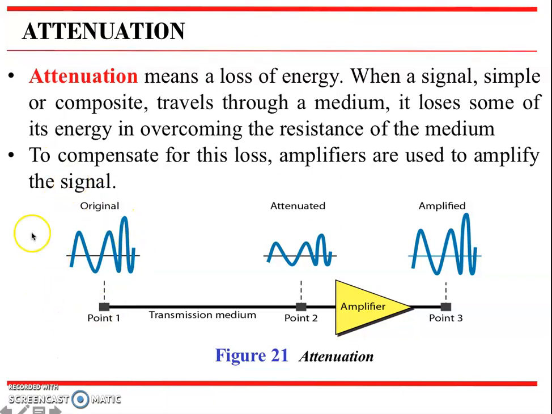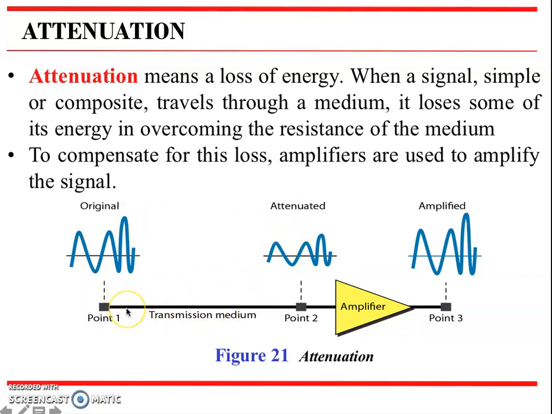Okay, this one is the original signal. During the transmission medium, bila kita nak hantar dekat kabel tu, dia jauh sangat kan. So kita nak hantar daripada point 1 ke point 3. Okay, so sampai kat point 2 ni you can see that bentuk dia dah berubah. It means that dia loss of energy. Sebab apa?